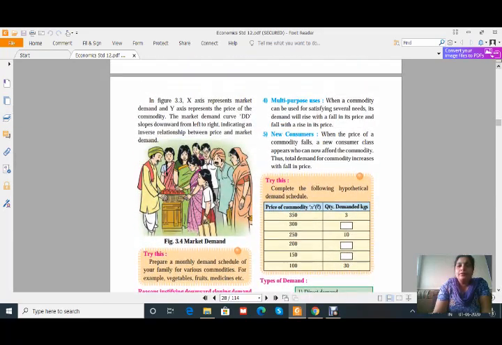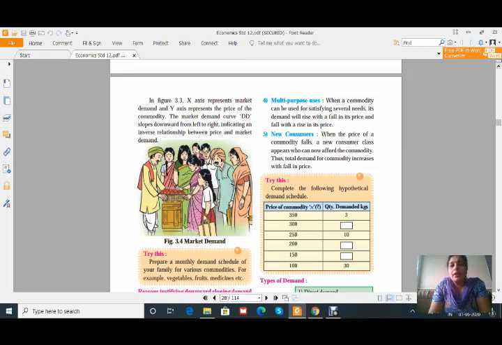Then the next point is multi-purpose uses. When a commodity can be used for satisfying several needs, its demand will rise with a fall in its price and fall with a rise in its price. Just for an example, take electricity. We have electricity in our home and it is used for so many purposes, like ironing clothes, refrigerator, washing machine, mixer and grinder, juicer, microwave, all this.